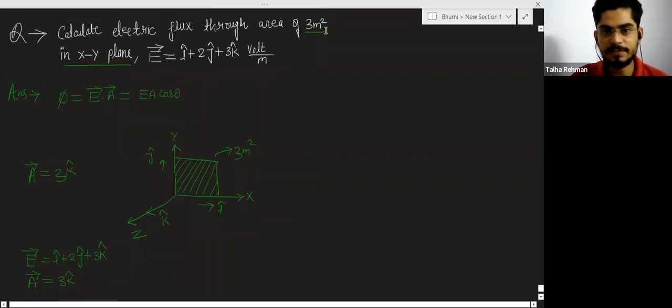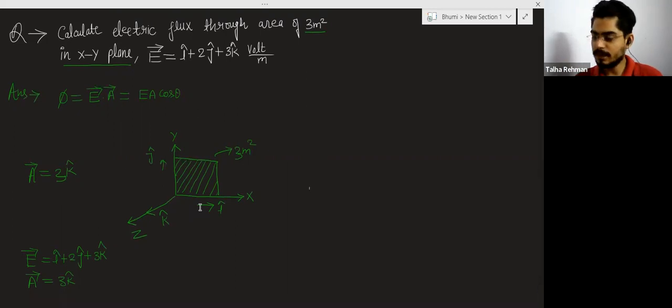Area is given as 3 meter square in the xy plane, and the direction of area in the xy plane will be along the z axis, and the unit vector along the z axis I have already told you is k cap. So that is why I have written here 3 k cap.